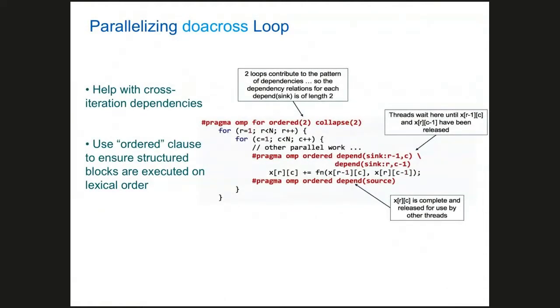Then, starting with OpenMP 4.0, there is the doacross construct. It's not a construct, it's a situation. In this case, it basically helps with cross-iteration dependencies. In many cases, we have a loop, and then a second loop that has a dependency with the index in the first loop. Traditionally, you just do one loop; you cannot do both. In OpenMP, they have the ordered construct and the collapse construct.